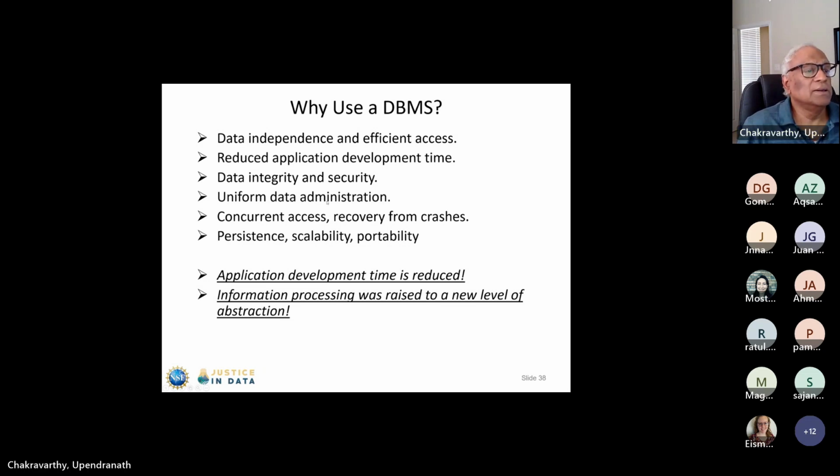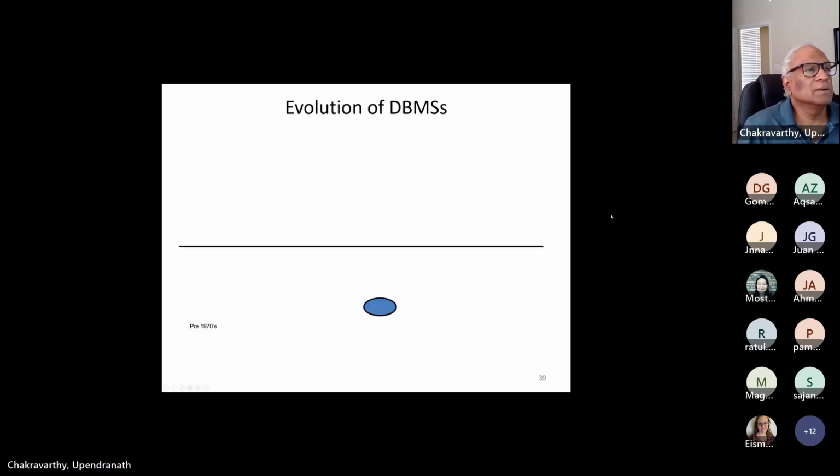This was a big step in the 70s. DBMSs were developed in the 70s and became very popular. Today, relational DBMSs are used by almost every enterprise and every company. Even though it has a web front end, behind the web front end, there is a DBMS or one or more DBMSs.